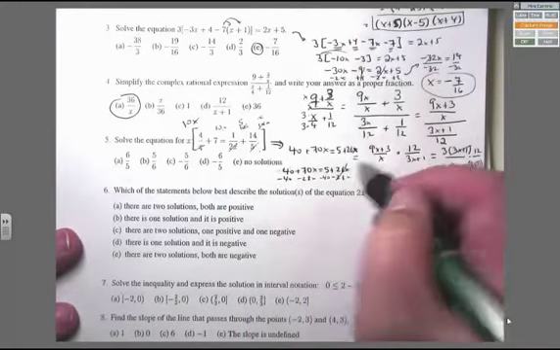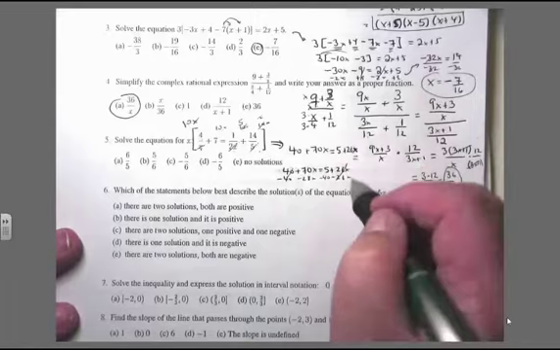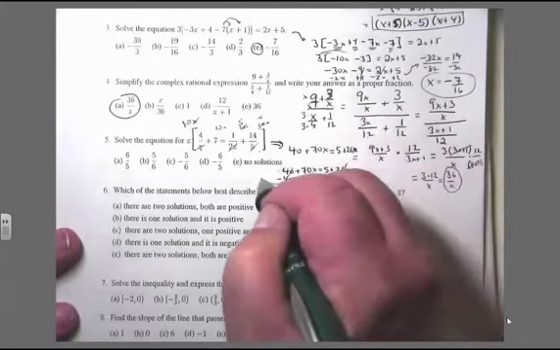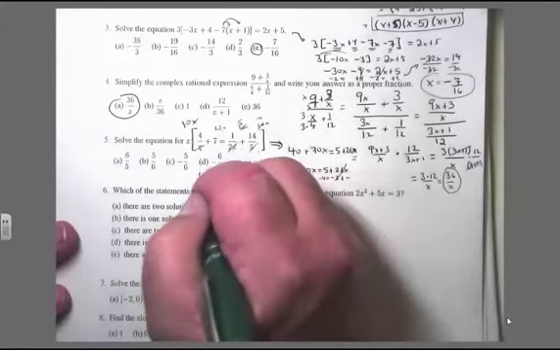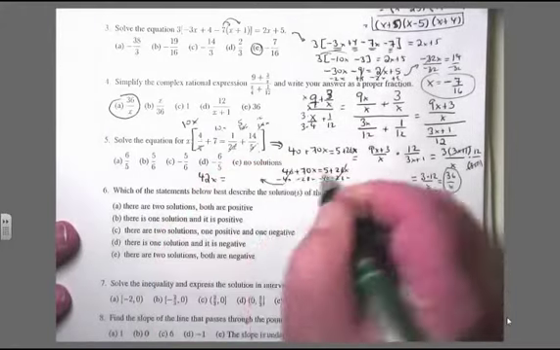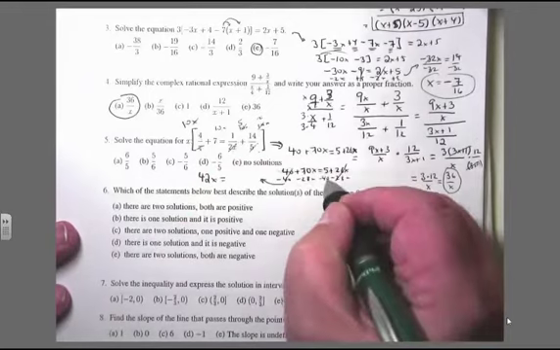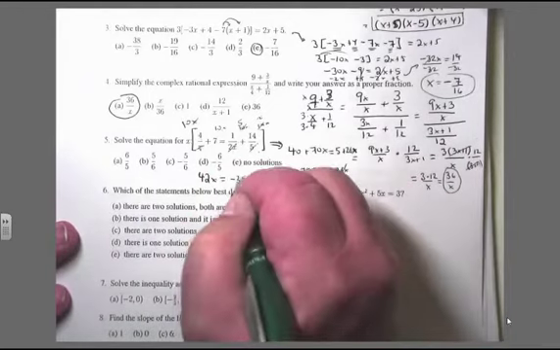The 28x's cancel here, and the 40's cancel here. This is going to leave me with 70x minus 28x. What is that? 42x. 42x is equal to 5 minus 40, negative 35.